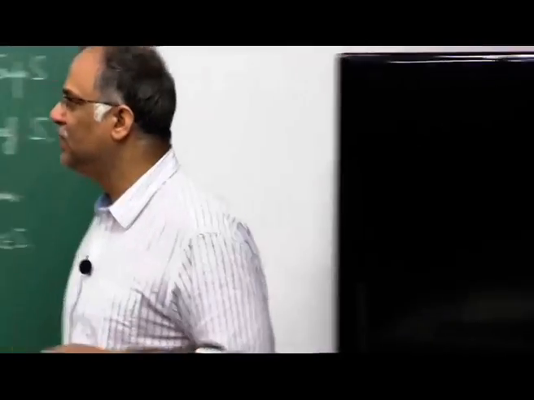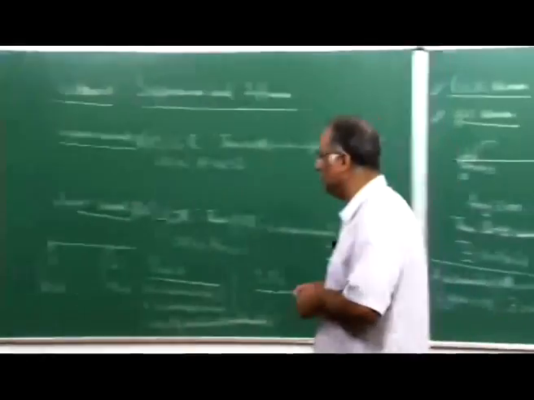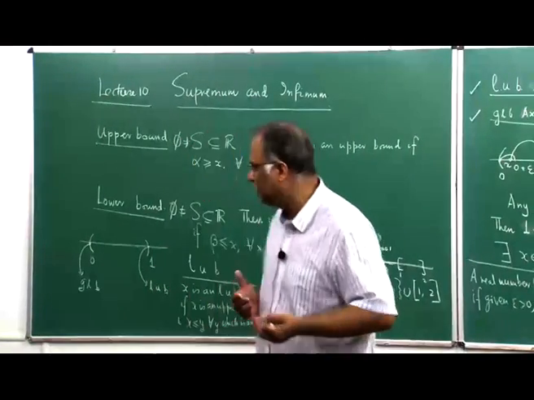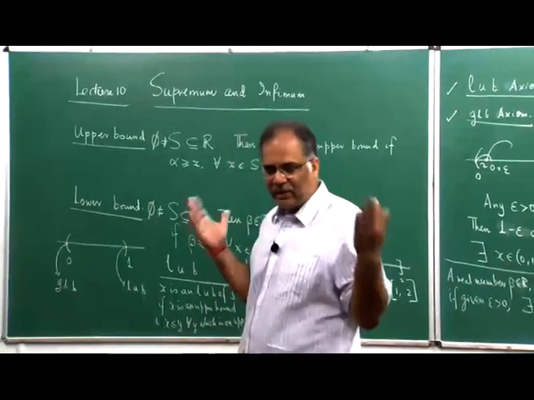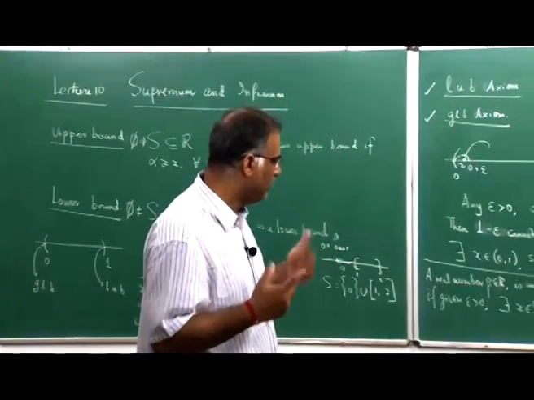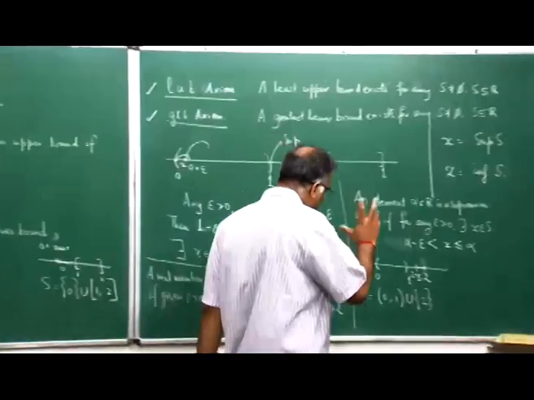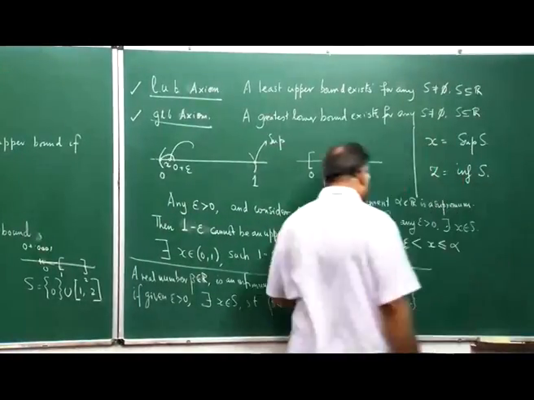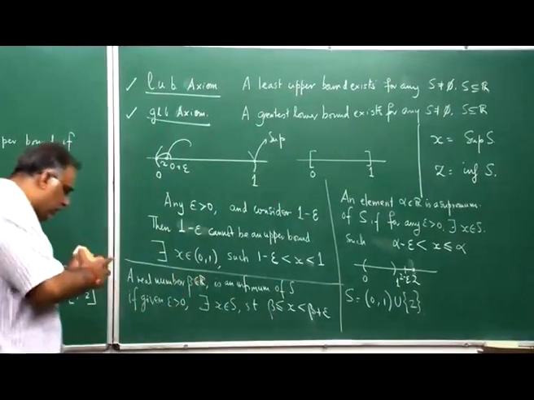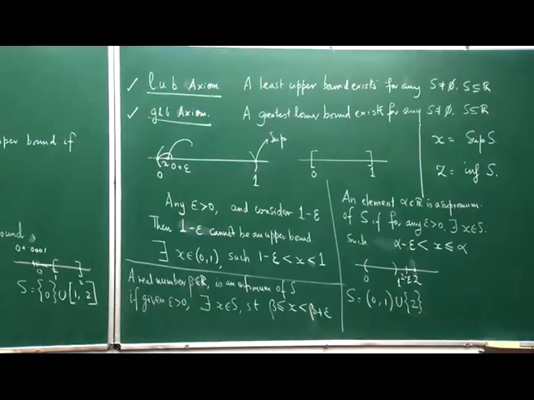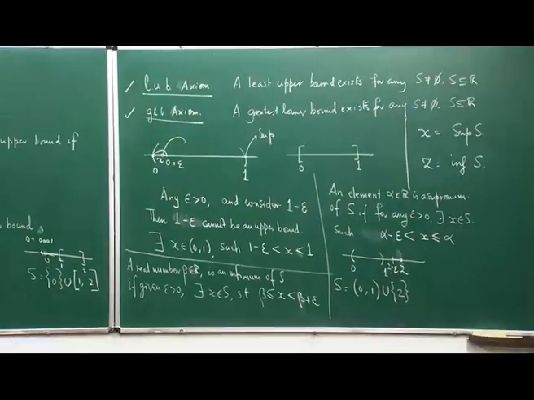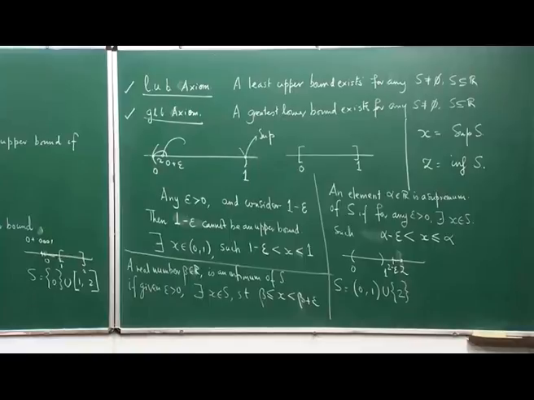Here we will use the idea of supremum and infimum in a very intelligent way. This is the same idea that I gave you when we discussed the intermediate value theorem, that partitioning up and getting things done, very tactfully given here, and it is very easy to remember.